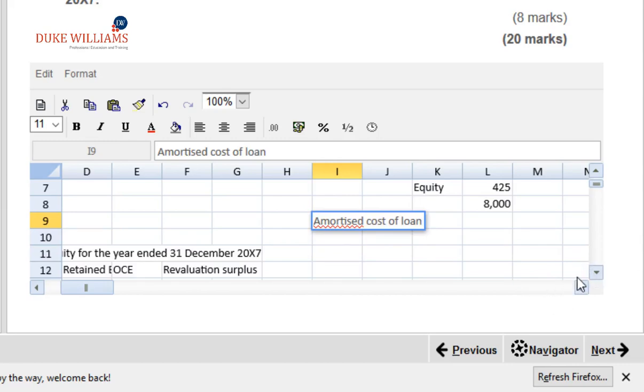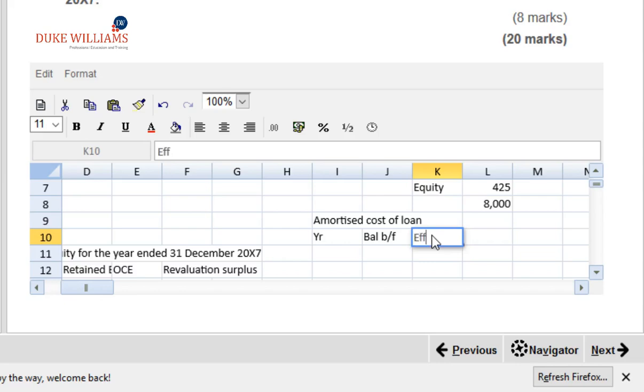So I'll have the year. So I'll have the opening balance, or let me say balance brought forward. That will be simpler. Then we'll have the finance cost, which is the effective interest.